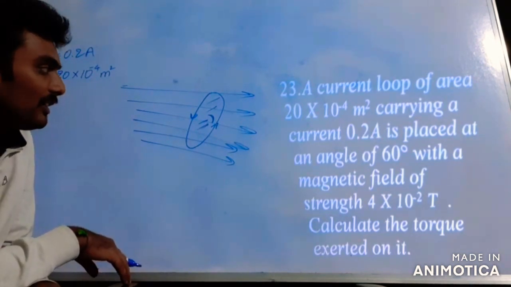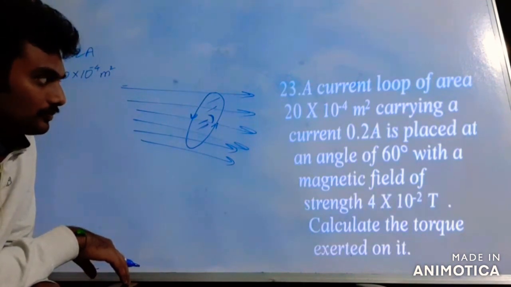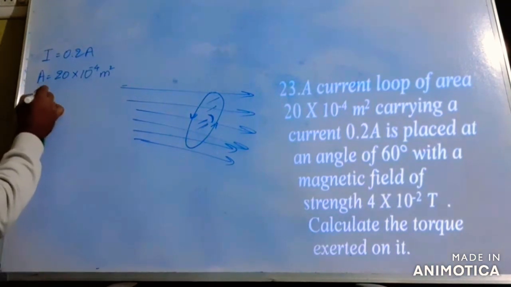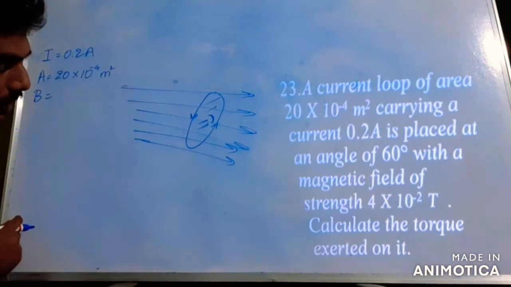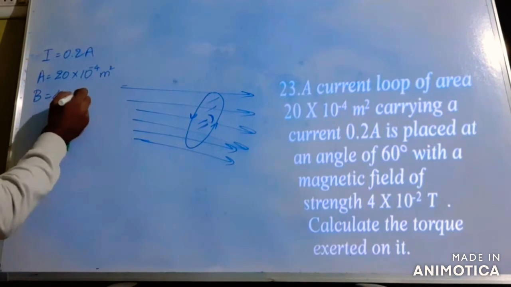Okay, you can imagine it as such. So now the external magnetic field in which it is kept, B, is also given, which is 4 into 10 to the power of minus 2 Tesla, right?